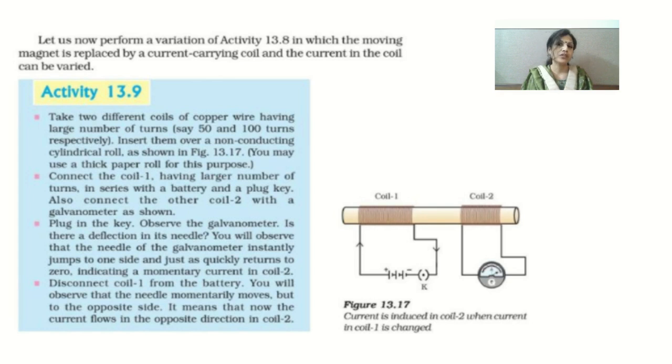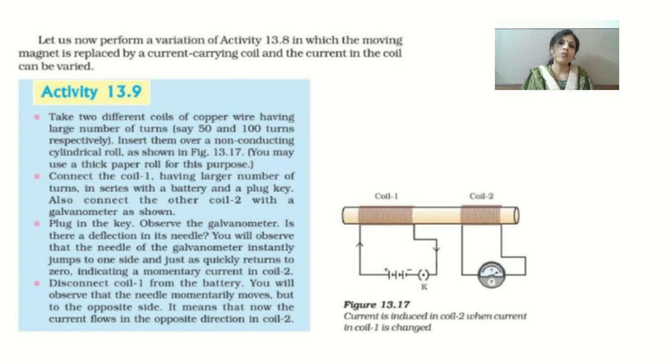When we switch the current on through the first coil, we can see the change in the deflection of the galvanometer in the other coil. Then we switch off the current. Every time we do this, there is deflection in the galvanometer. That shows that a change in magnetic field induces current into the coil.